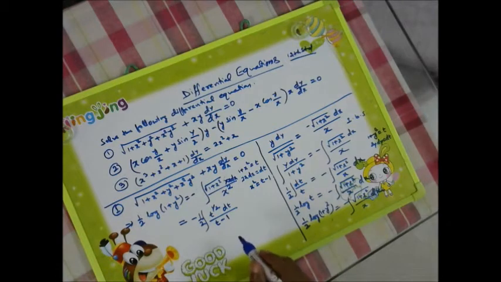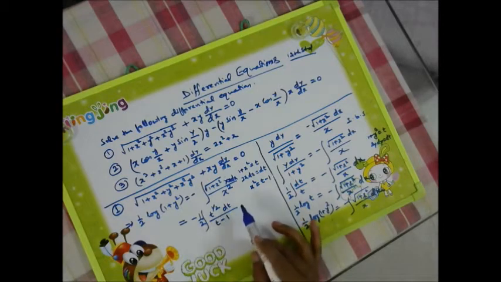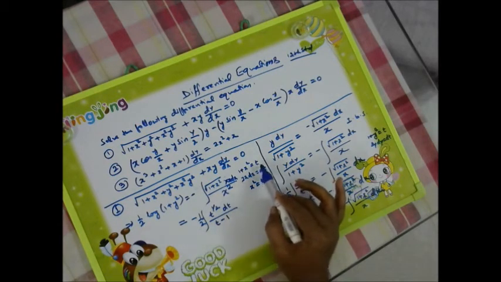Okay, right. So, sorry. Okay, 1 plus x square is equal to t. Correct?